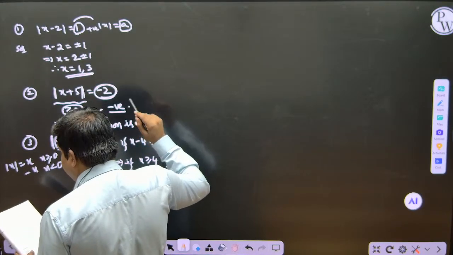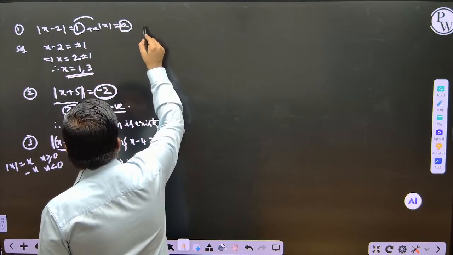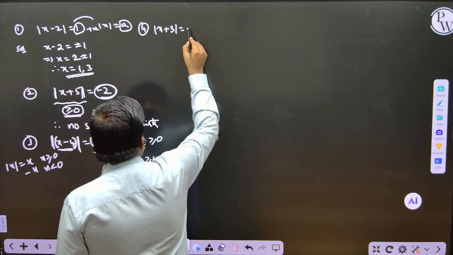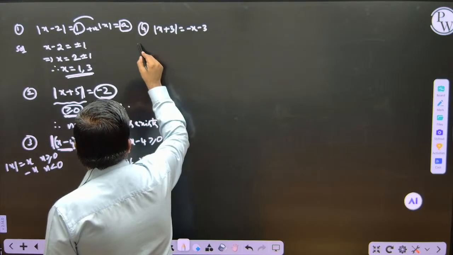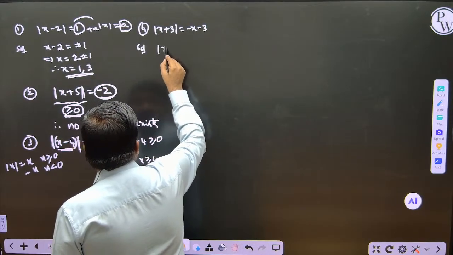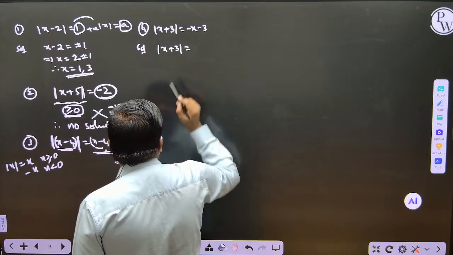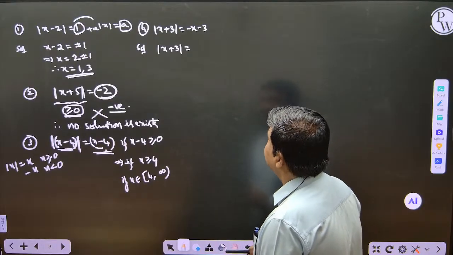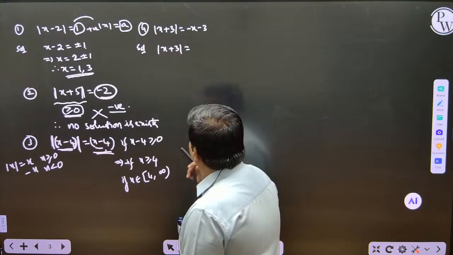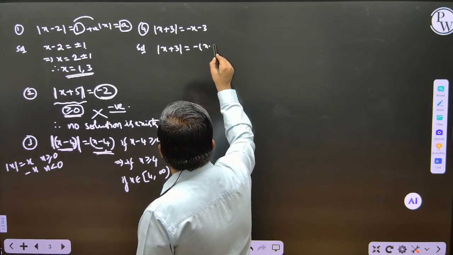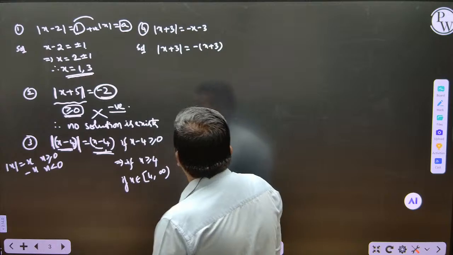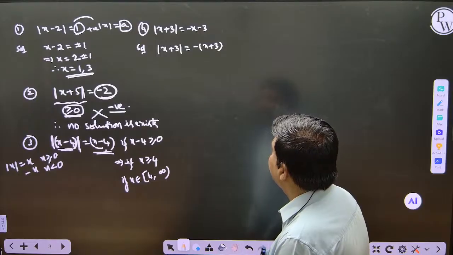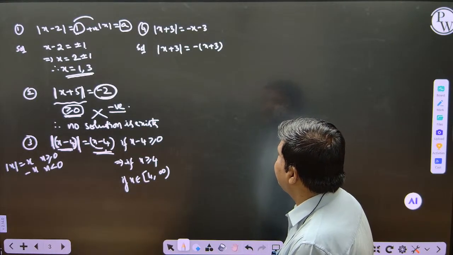Similarly, the fourth one is modulus of x plus 3 is equal to minus x minus 3. What is its solution? This is minus of x plus 3.